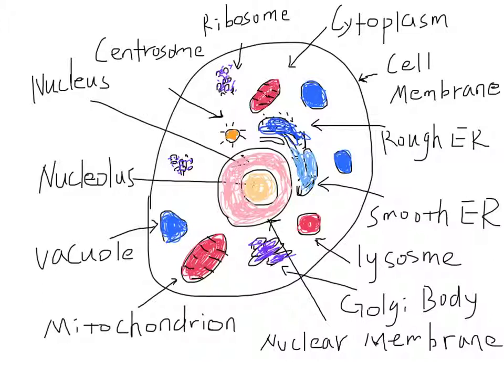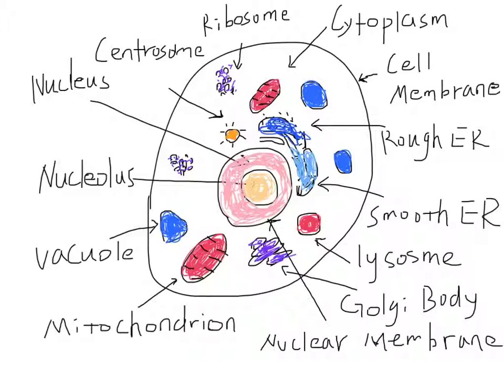Ribosomes, small organelles composed of RNA-rich cytoplasmic granules that are sites of protein synthesis. And rough ER, a vast system of interconnected, membranous, infolded and convoluted sacs that is located in the cell cytoplasm.